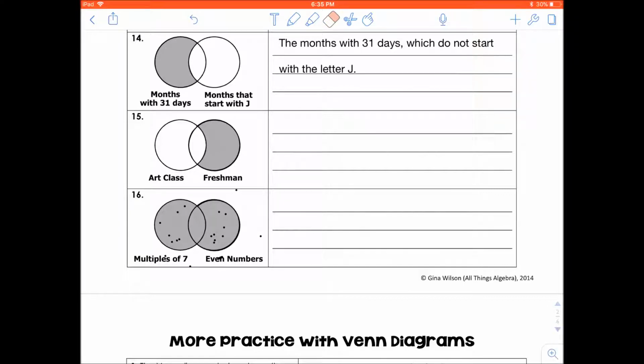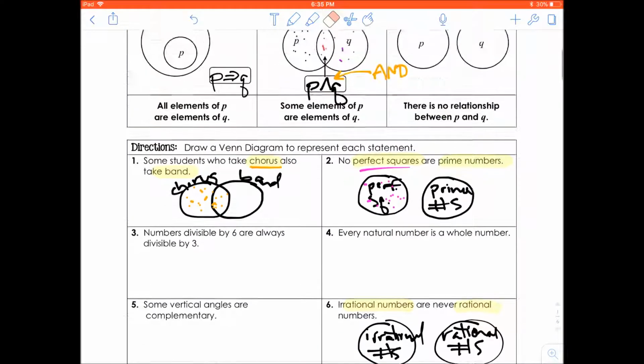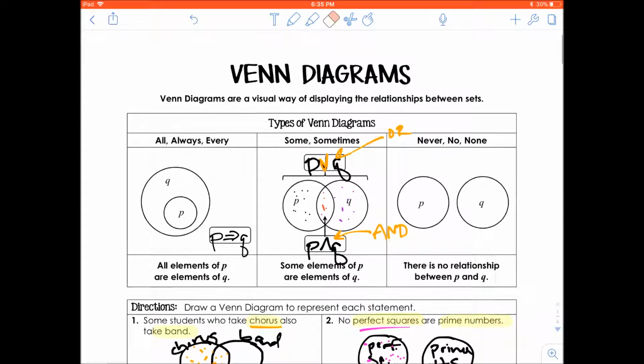And if I look back up here again at my very first section of notes way at the top, notice we said that when we're talking about the whole thing right here, we said or. So when we're looking at everything that's in both categories, we want to know everything that is this or that.